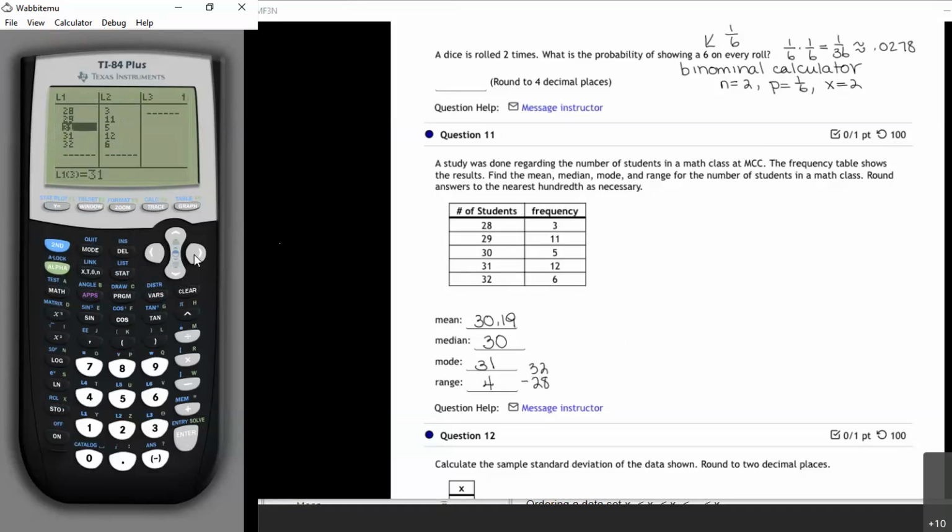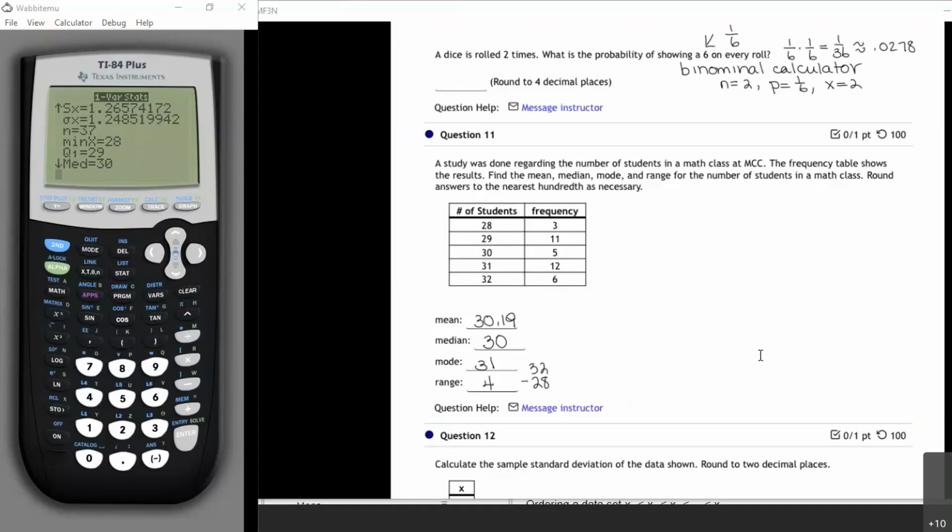So 30. Enter. Try it again. That was stat, calc, one variable stats. And now 30.19. And now the median is 30, which is what I got. Mode, again, I'm eyeballing.